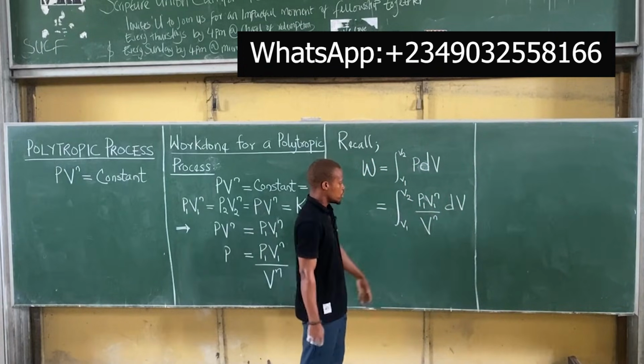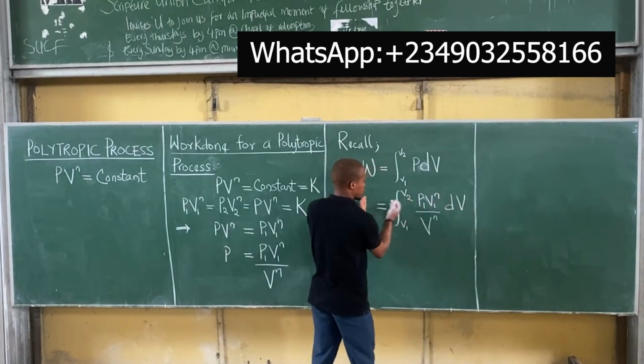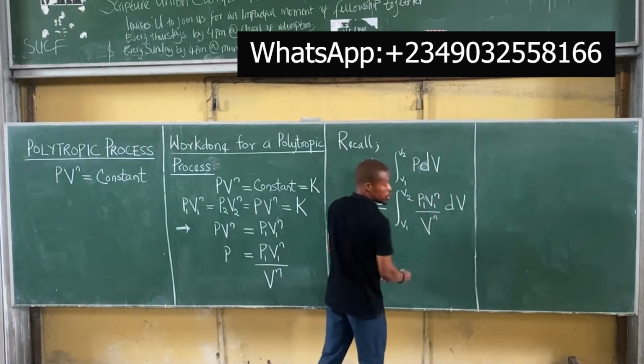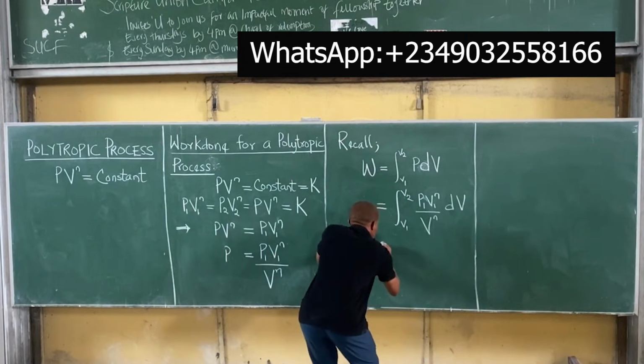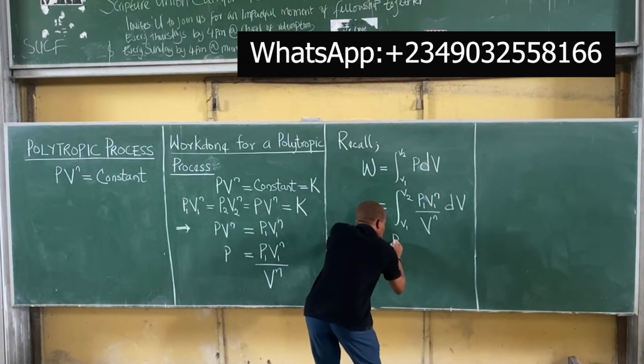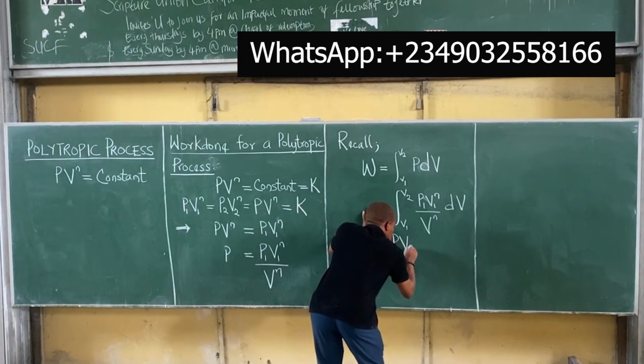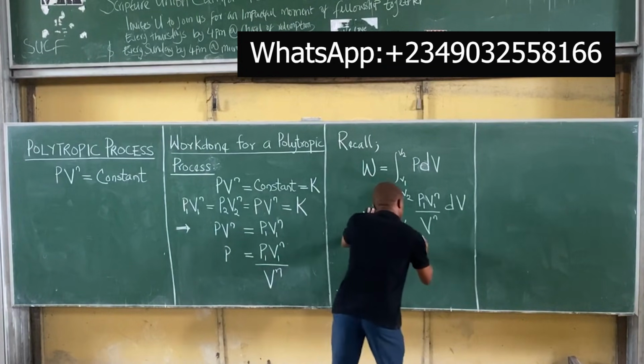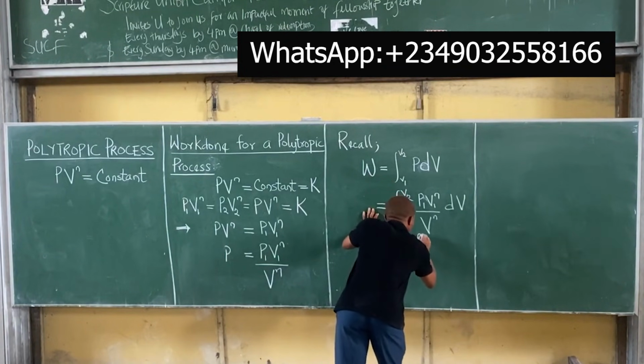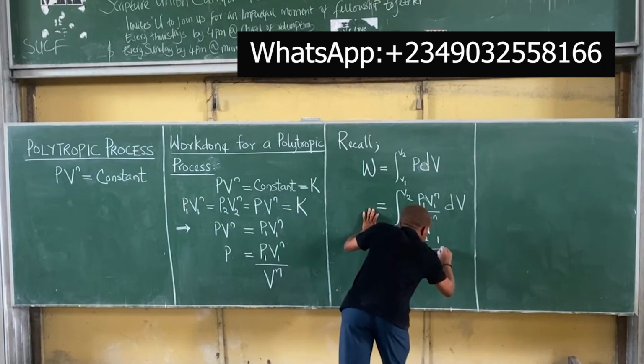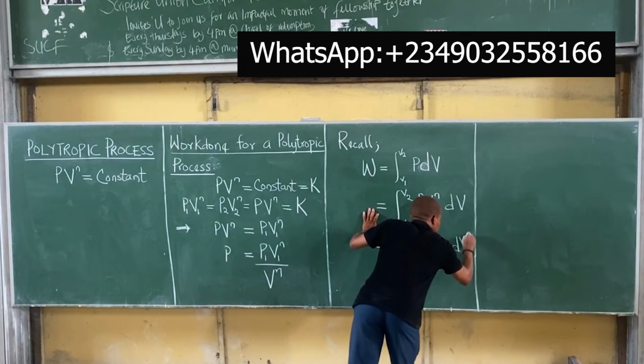From this, we can bring this out of the integral sign, and we have P1 V1^n times the integral of 1 over V^n dV.